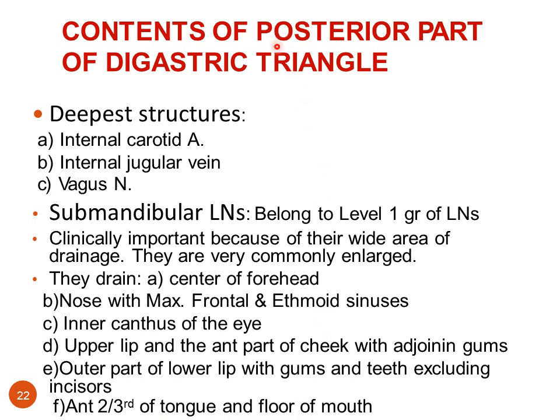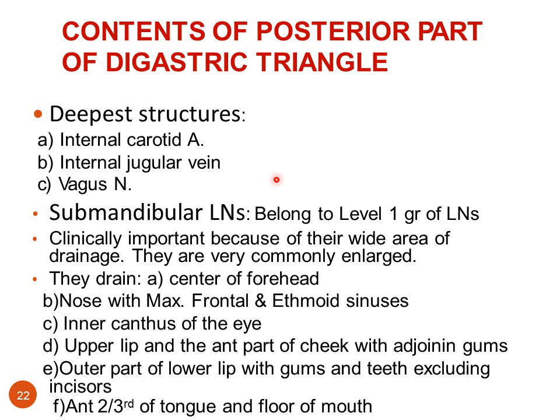Let me tell you some clinical points related to the digastric triangle. The lymph nodes in the digastric triangle are clinically important. I told you that they drain over a wide area of the head and neck. One of the nodes lies close to the facial artery, at the lower part of the mandible.